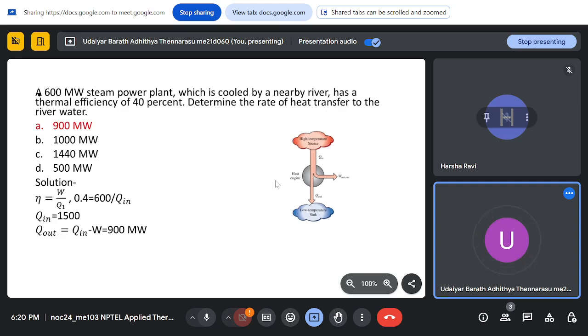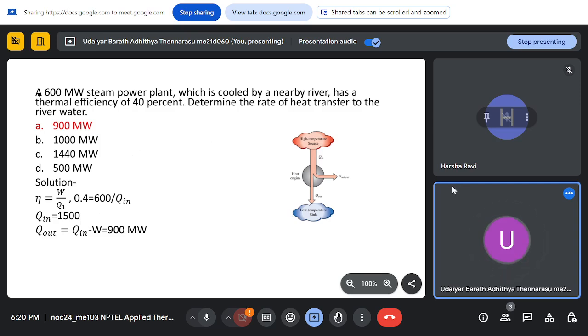Efficiency is nothing but your work done divided by the heat supplied. Because your efficiency is 40%, and your work done is 600 megawatts, divided by your Q which you supply, from there we will find out the energy which has to be supplied is 1500 megawatts.